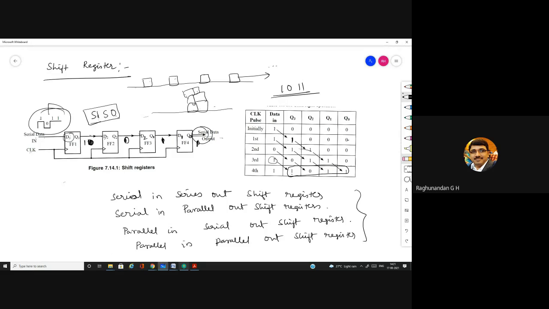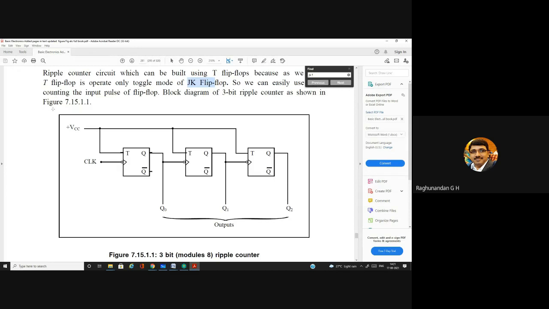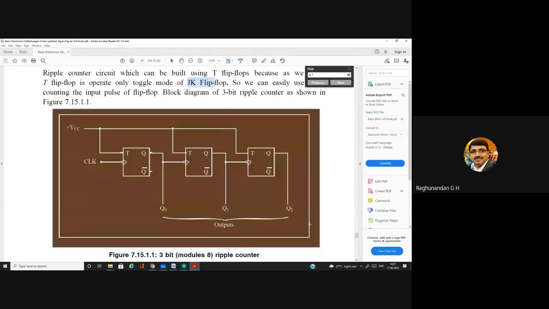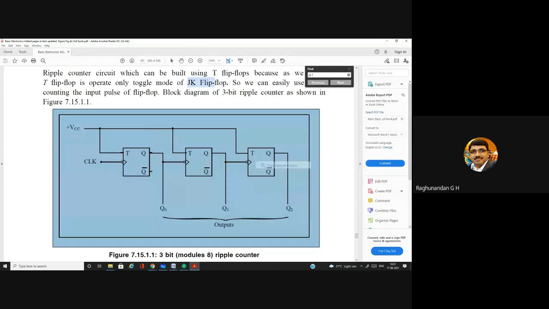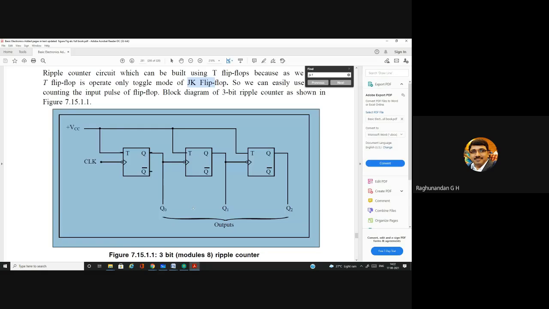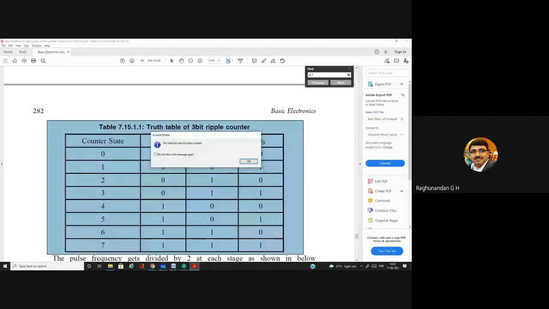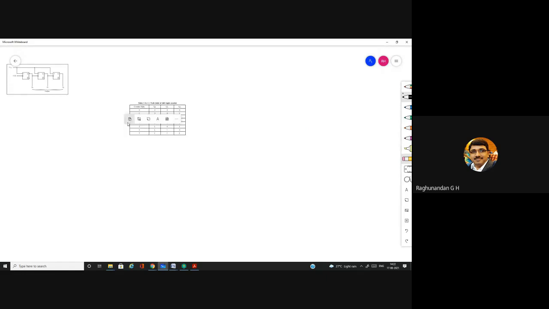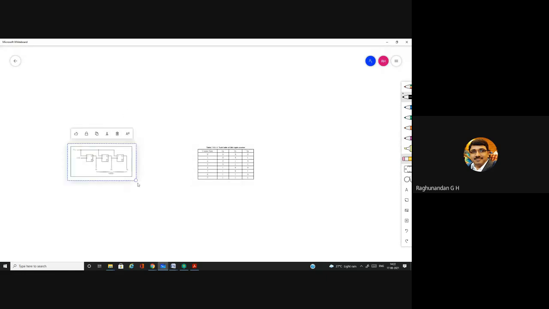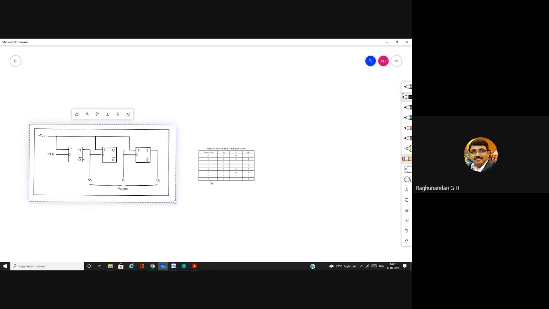And coming to the last topic of this chapter, that is counter. 3-bit binary counter.